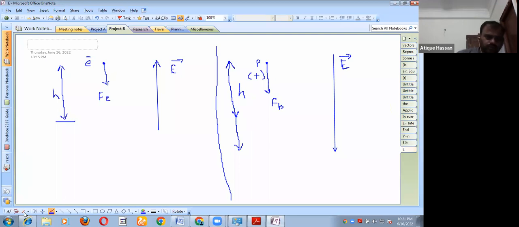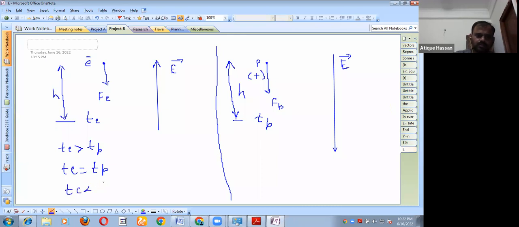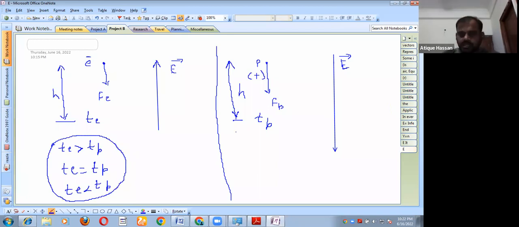So now we have to find the relation between the times taken. Suppose during falling through height h, the electron takes time Te and the proton takes time Tp. So we have to find the relation between Te and Tp: whether Te is greater than Tp, or Te is equal to Tp, or Te is less. We have to find that only. That's all.